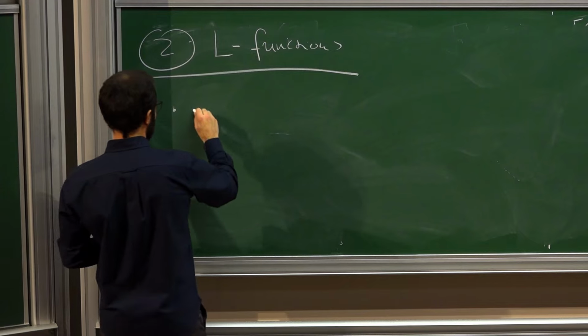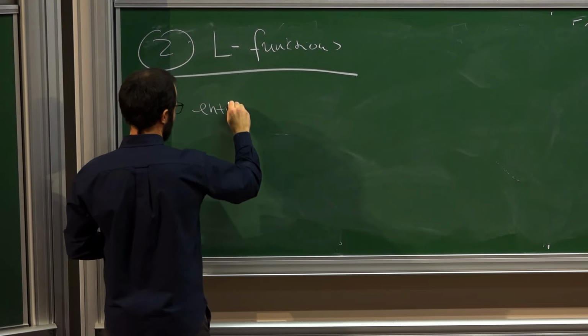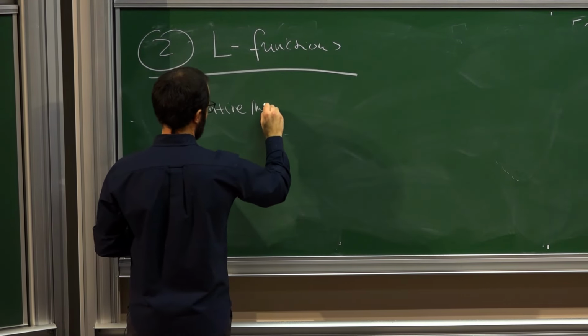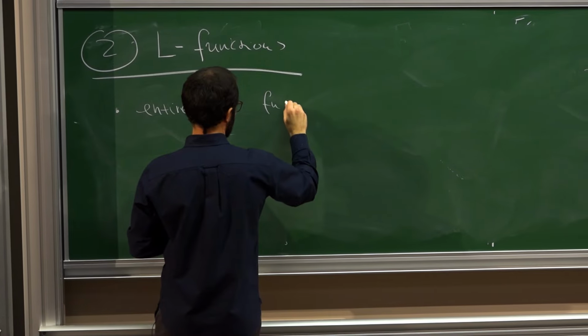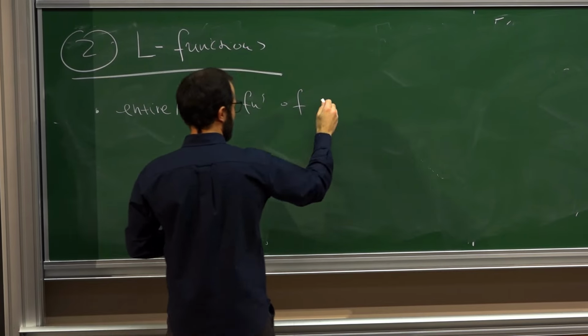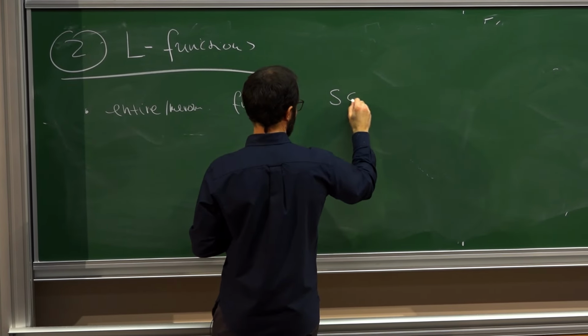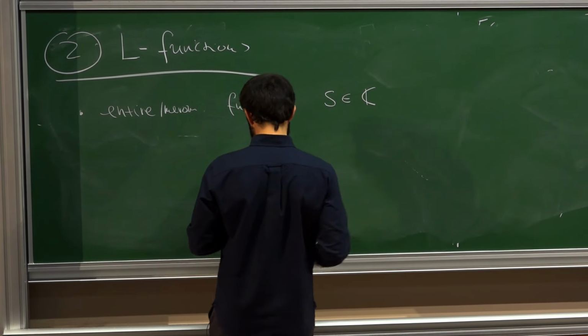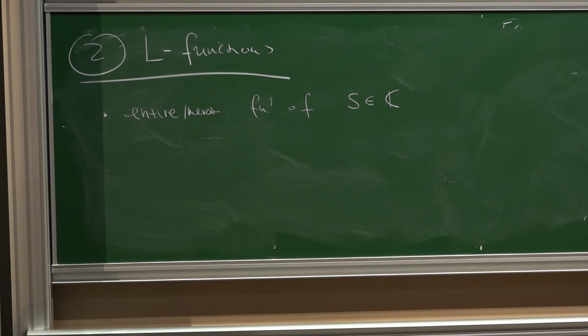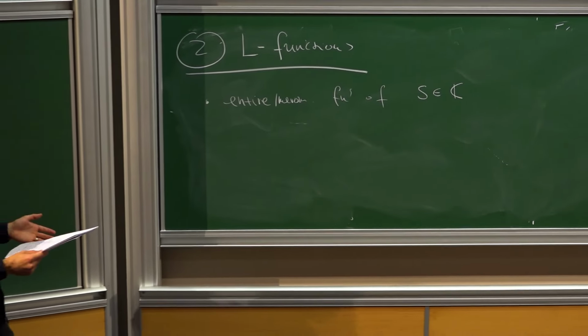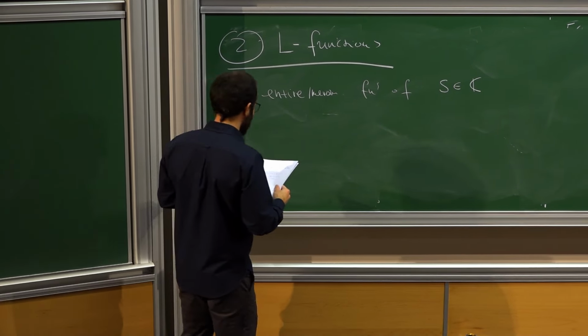So L functions, most prosaically, are some entire or meromorphic functions in the complex plane. Typically, the variable in the complex plane that they depend on is denoted s. The definition is a bit unilluminating if you haven't studied them for a long time, I guess.